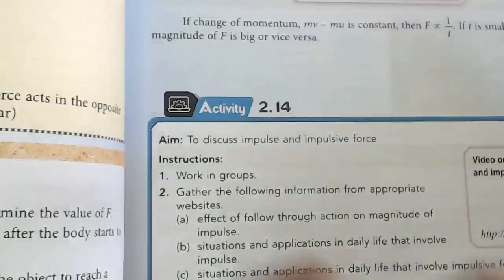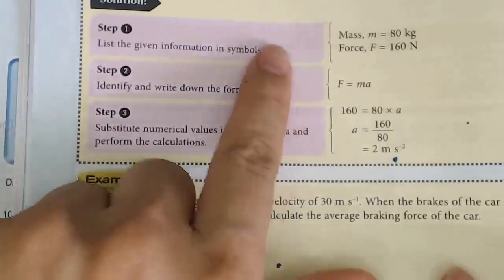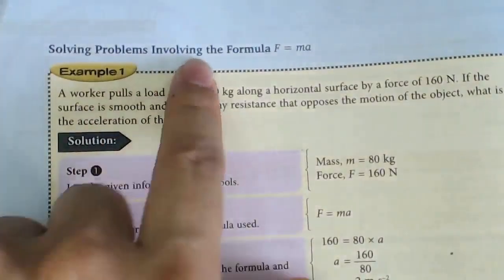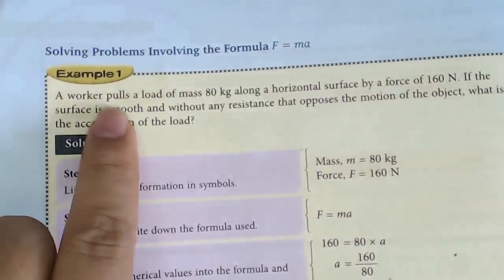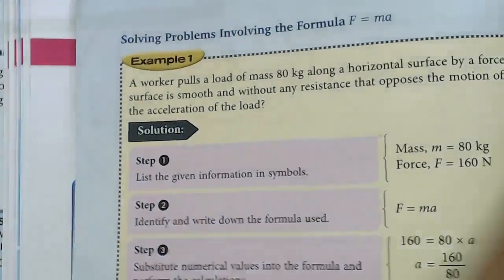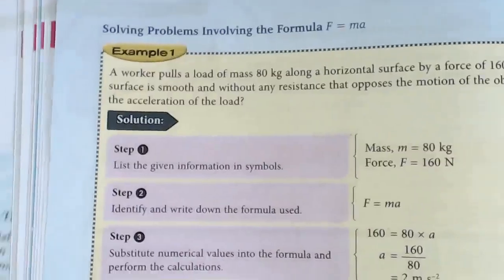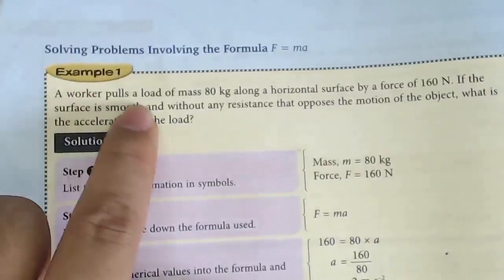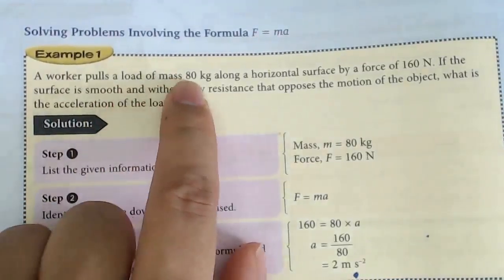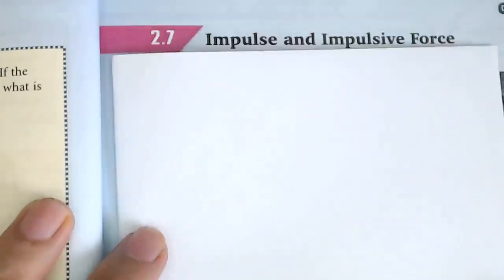So here we almost finished. Solving problems involving the formula F equal to ma. This time, let's see how they use this formula. Example 1: a worker pulls a load of mass 80 kilogram.